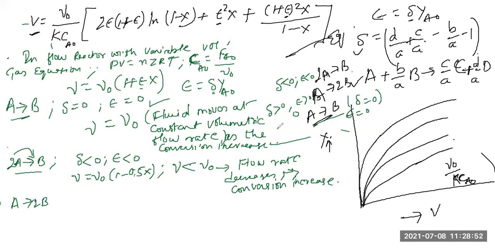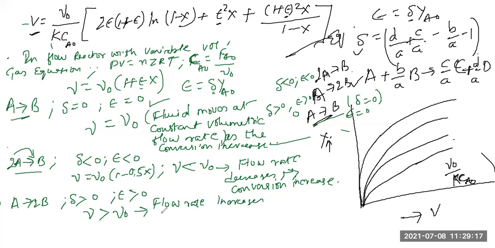Now let's take the third scenario where there is an increase in the number of moles. When there is an increase in the number of moles, we have delta greater than 0, epsilon is also greater than 0, right? As per this expression, nu would be greater than nu 0. That means the flow rate increases, right?